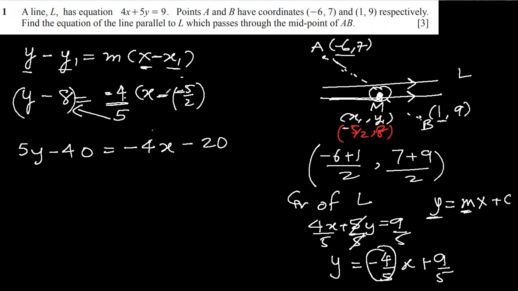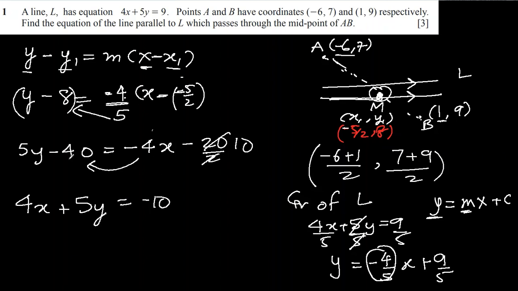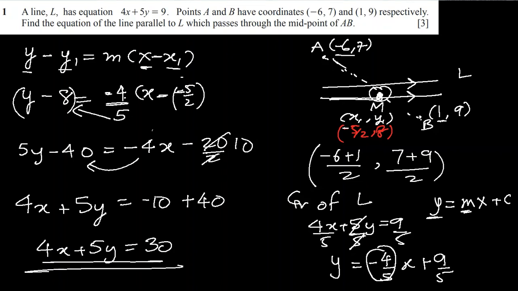Yeah, 4 times 5 is 20 over 2, which is 10. So let's bring 4x also to the left side. So the final equation becomes 4x plus 5y equal to negative 10 is here, and negative 40 when it comes to the right becomes positive 40. And our answer will be 4x plus 5y equal to 30. That's the equation.